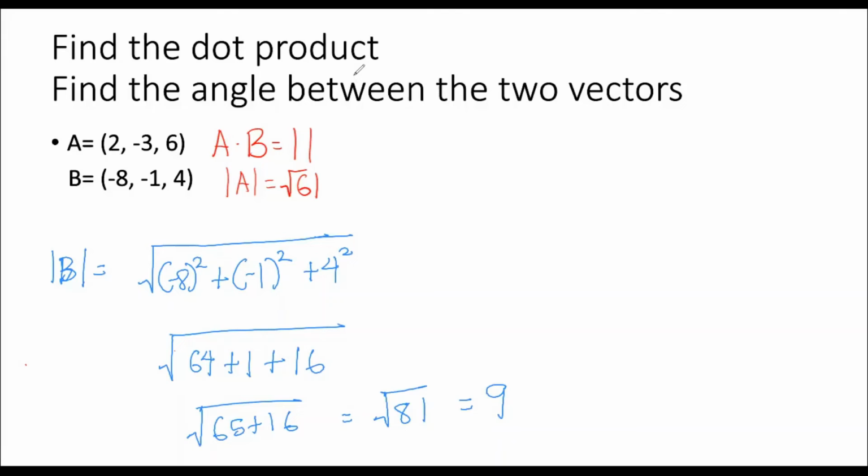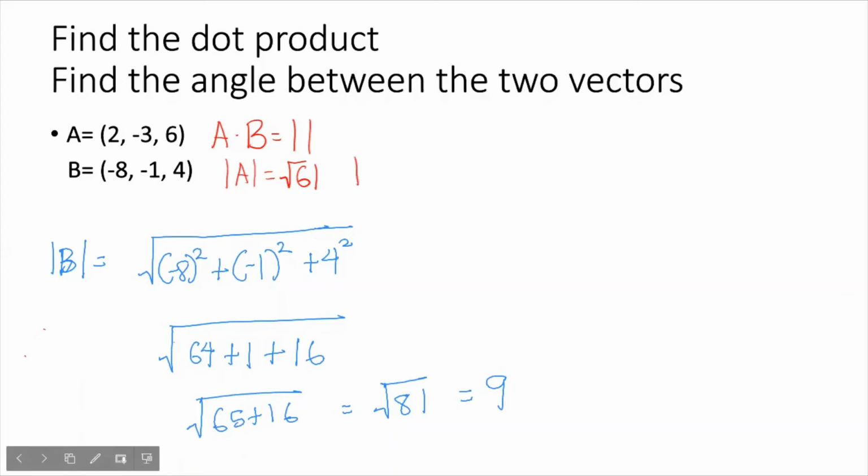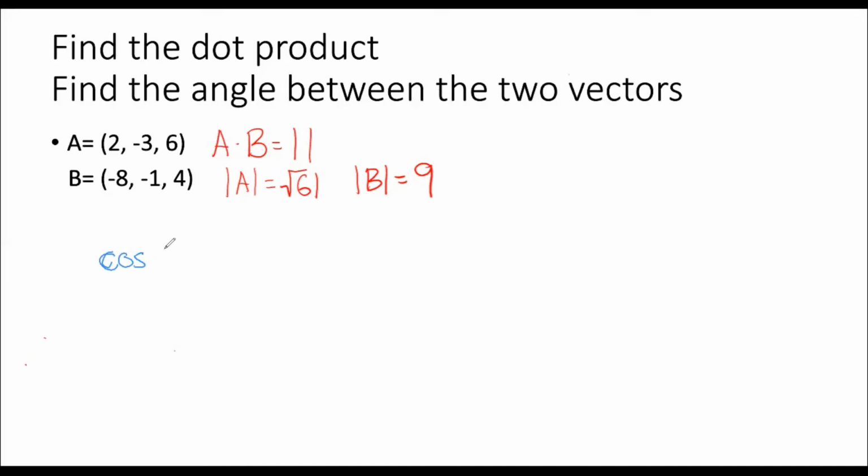So I'm just going to put that down again. So we'll have that equals 9. So we have all our values. So let's try and find theta. So remember, cos theta is equal to a dot b over the magnitude of a times the magnitude of b.